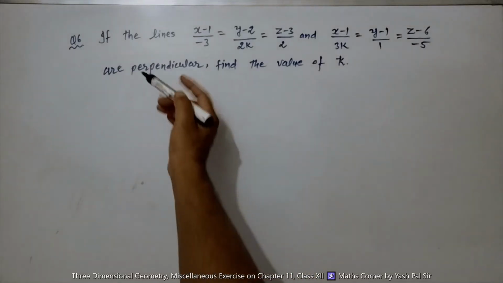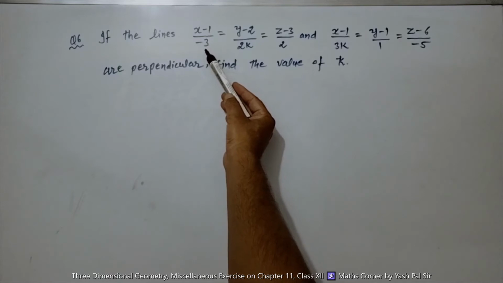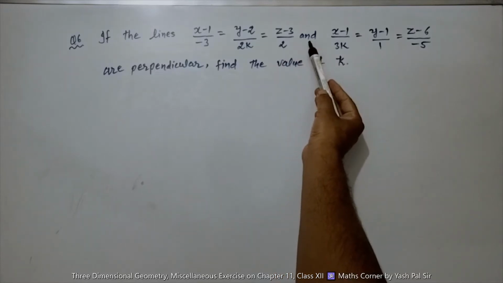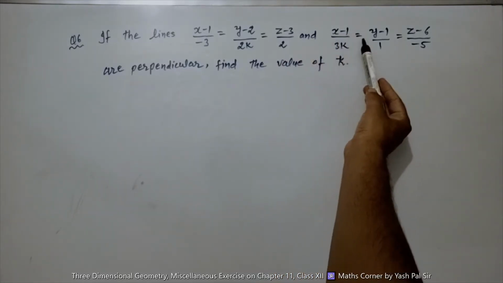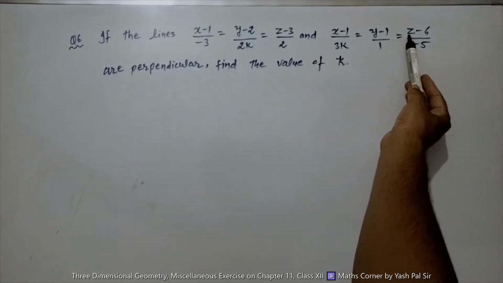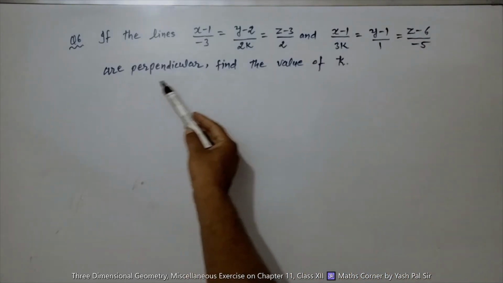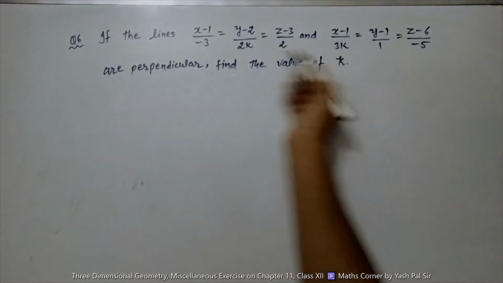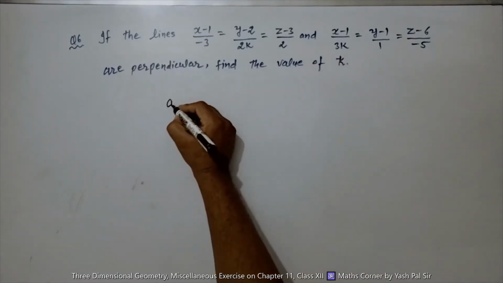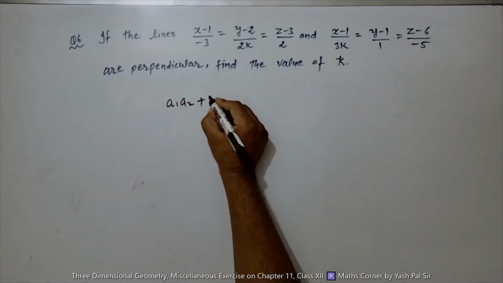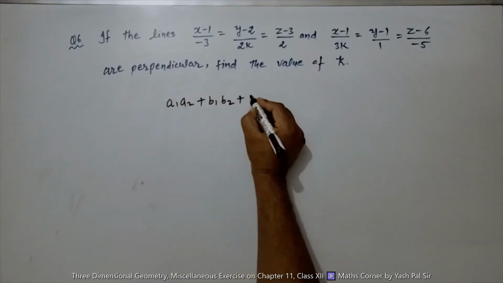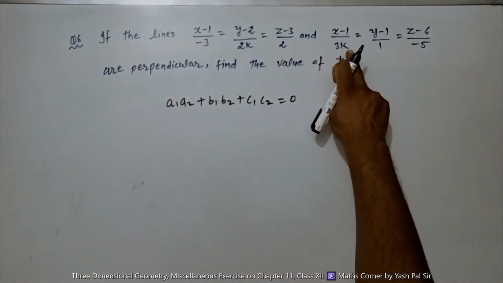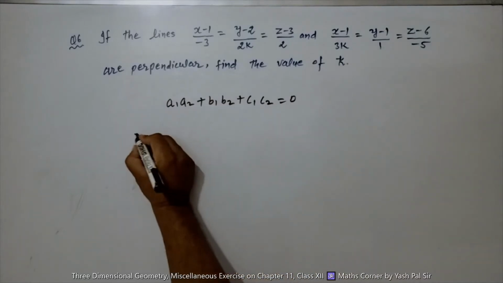Question number 6. If the lines (x minus 1) upon minus 3, (y minus 2) upon 2k equal to (z minus 3) upon 2, and (x minus 1) upon 3k equal to (y minus 1) upon 1, (z minus 6) upon minus 5 are perpendicular, find the value of k. Obviously these two lines are perpendicular, then this condition should be satisfied: A1 into A2 plus B1 into B2 plus C1 into C2 is equal to 0. This is A1 B1 C1, this is A2 B2 C2.